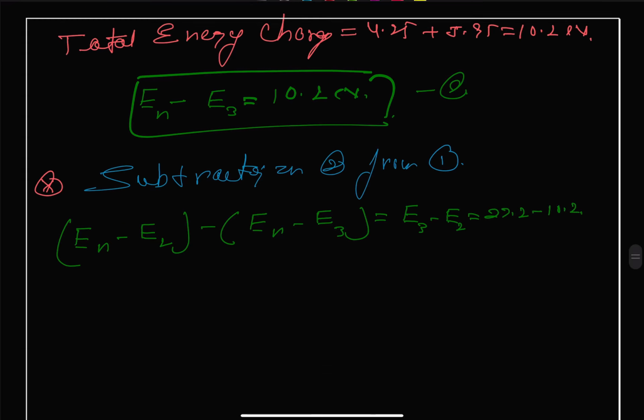So from here we get E3 minus E2 equal to 17.0 electron volt.